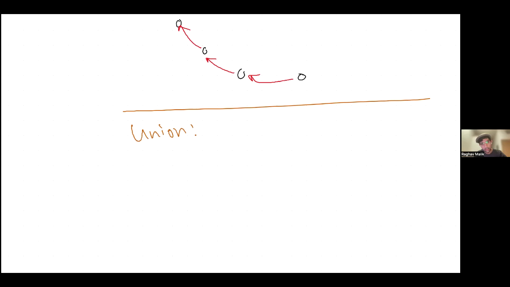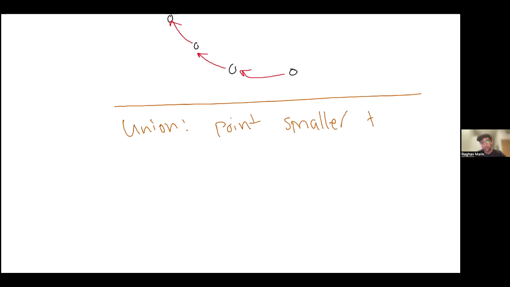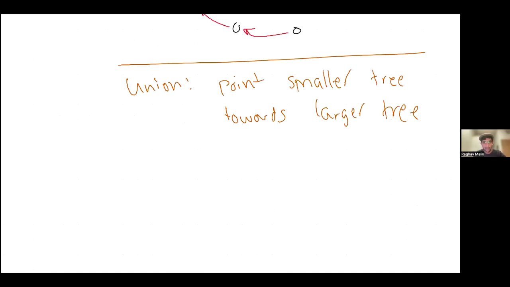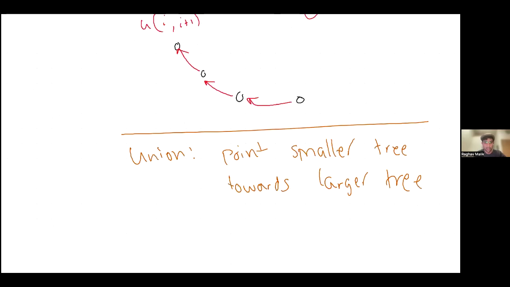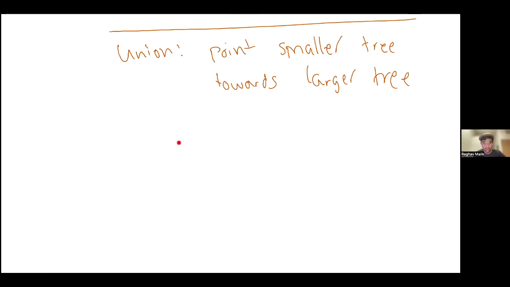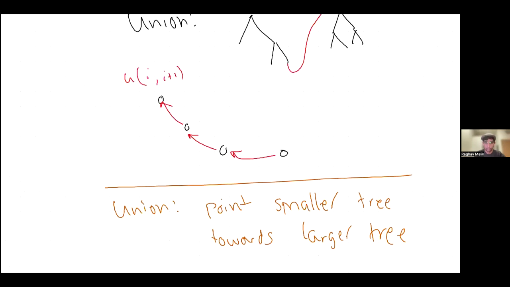we always point the smaller tree towards the larger tree. So in this situation, for example, where I have 1, 2, 3, 4 maybe, and I union this with this one, now if I go to union this with this, that's fine, and this with this.